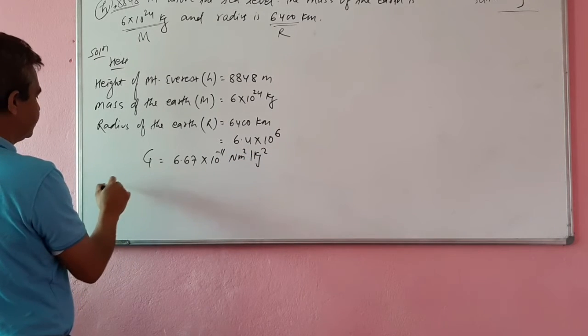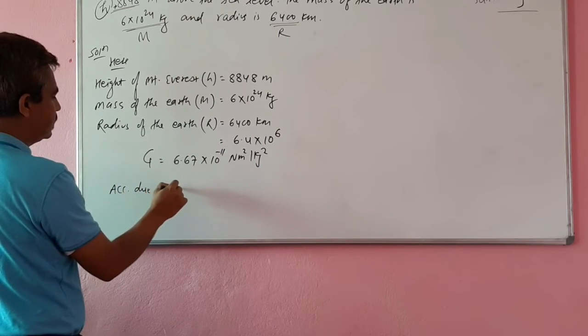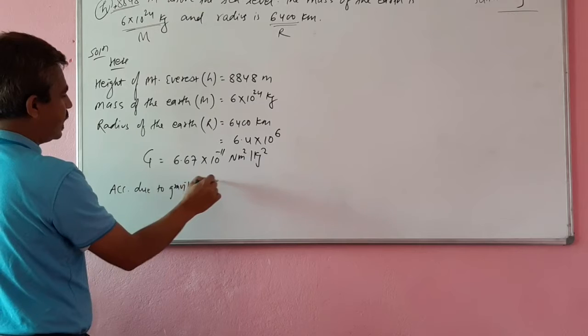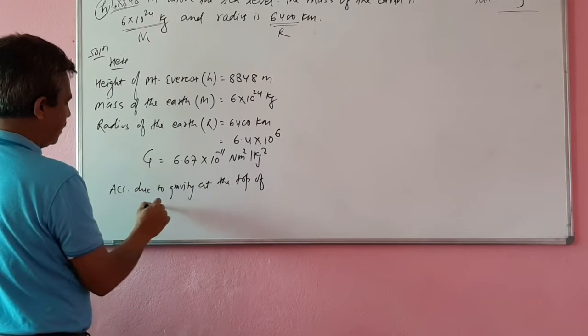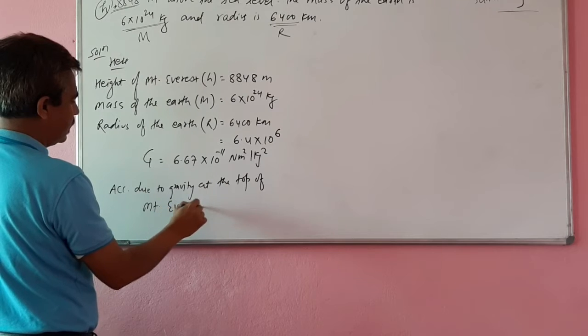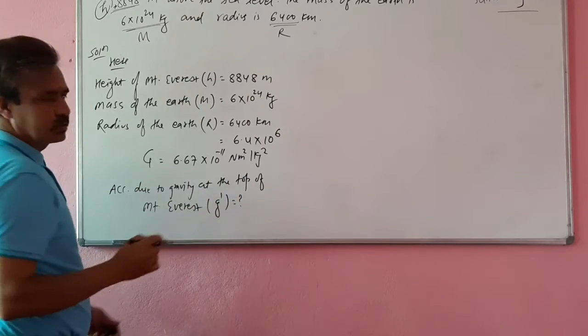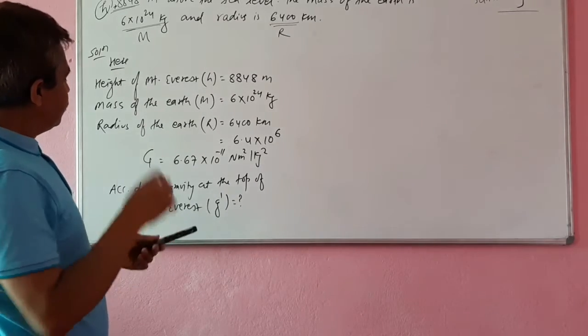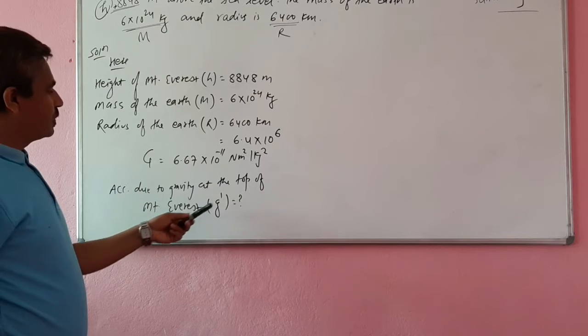Then what to calculate? Acceleration due to gravity at the top of Mount Everest, g prime equals what? If on the surface, then it is only g, but at the top it means g prime.